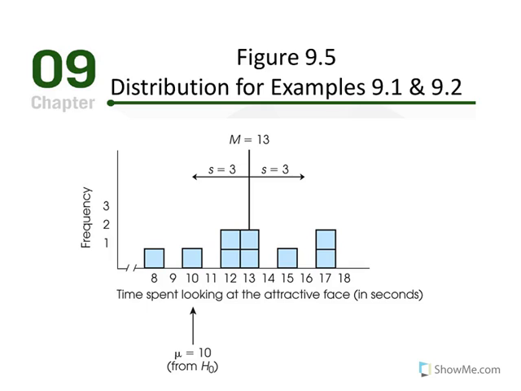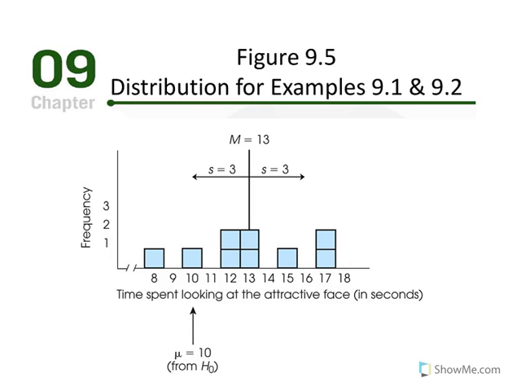In the previous video, we walked through example 9.1, which related to the research on infants spending time looking at what was deemed an attractive face as opposed to an unattractive face. In that hypothesis test, the null stated that the infants would have no preference for the different type of face.